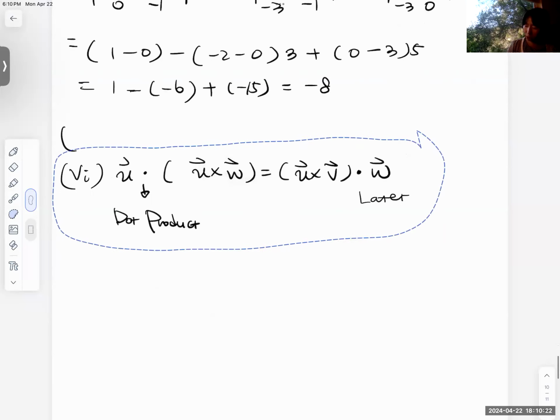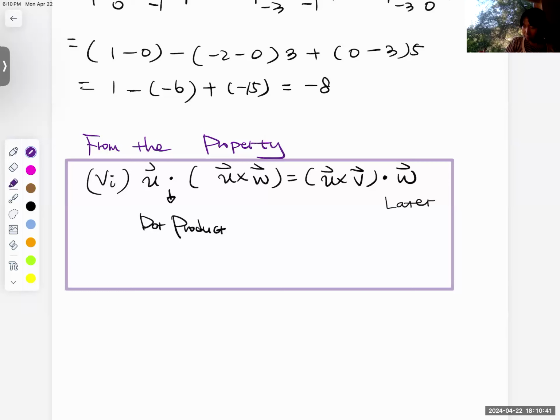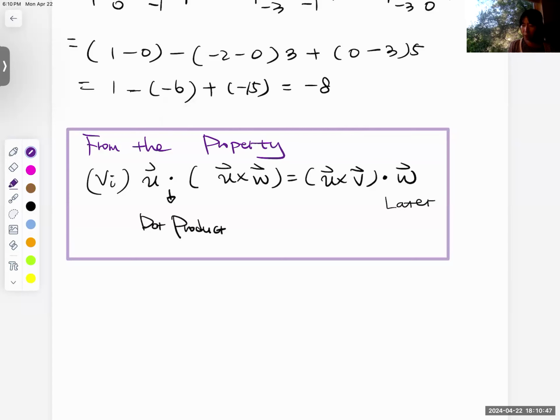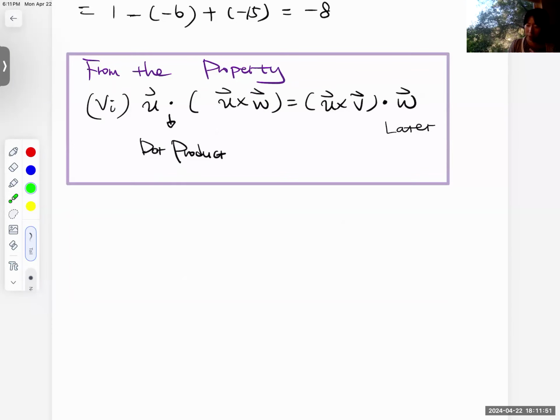Okay, so let's do this one. All right, so whether we get the same number or not, okay, let us do this one.